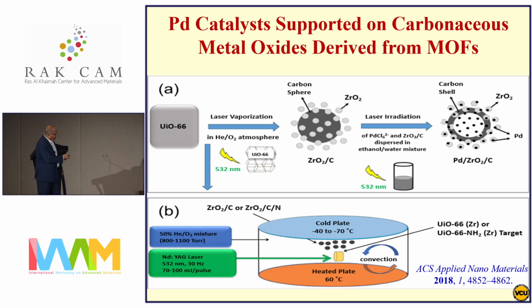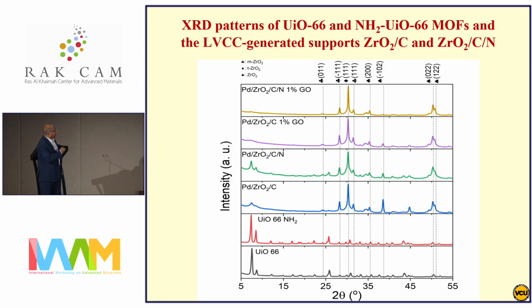The process we developed many years ago, and we applied it also for MOFs before. This was for MIL-125 to convert the MOF into carbonaceous oxide support for the same palladium catalyst reactions. This is the XRD.